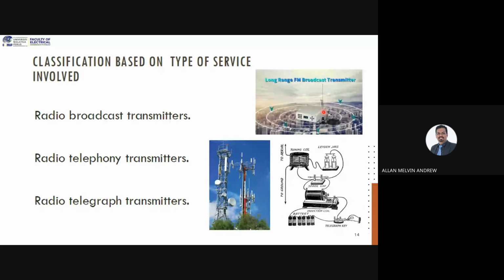You can go long range. Let's say from Astro in Selangor you want to transmit to Perlis. You need a long range FM broadcast transmitter. The transmitter will be attached there, and we will have a receiver in the car. So this is the example, between cities.